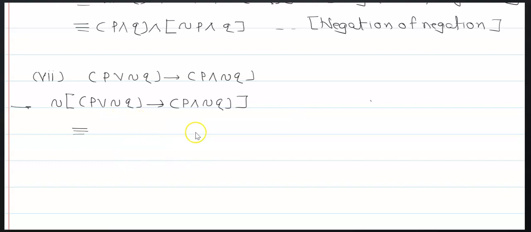Now the negation of the implication. That is equals to P and negation Q and negation of P and negation Q. We will apply the negation to the second bracket. Negation of implication.